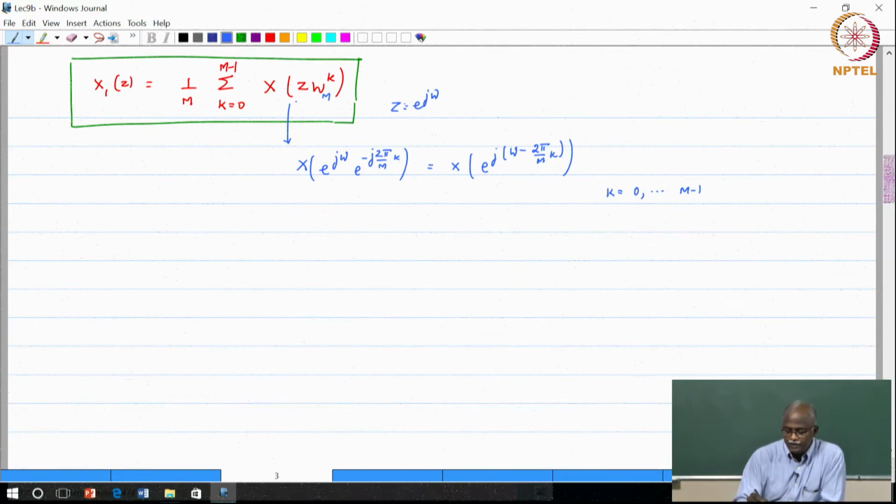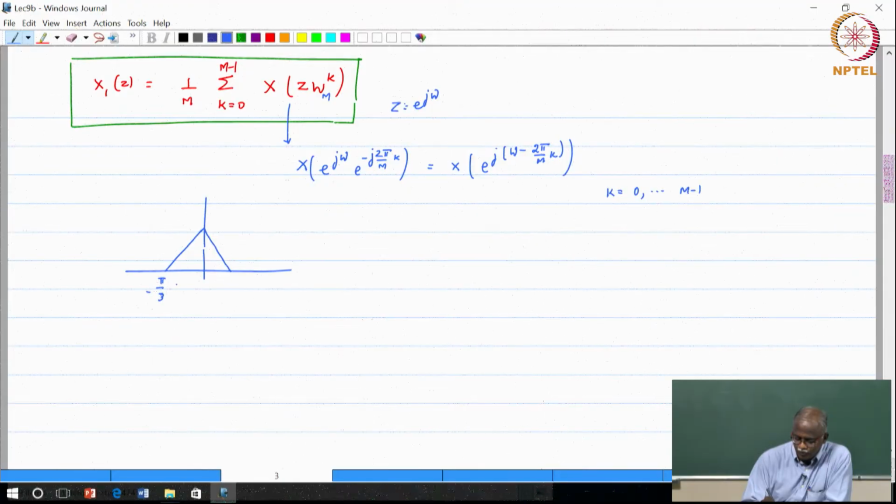Okay. So here is where we see the shifted versions, and in today's lecture we will see this graph a few times, but let me just draw it. Supposing I had a signal that was band limited to minus pi over 3 to pi over 3, and I was doing m equal to 3, downsampling by a factor of 3.